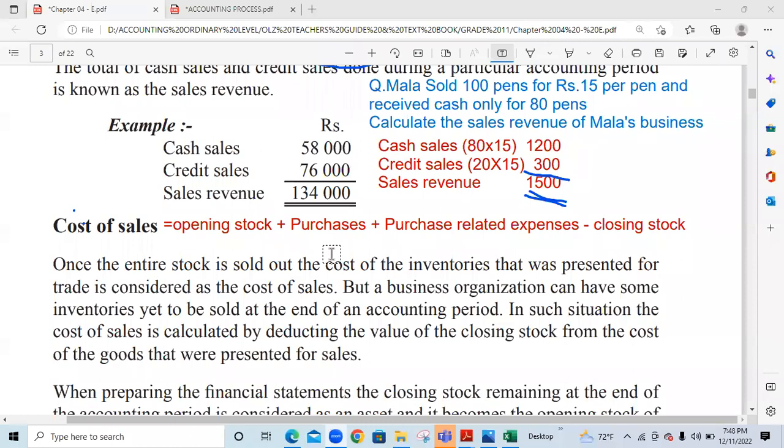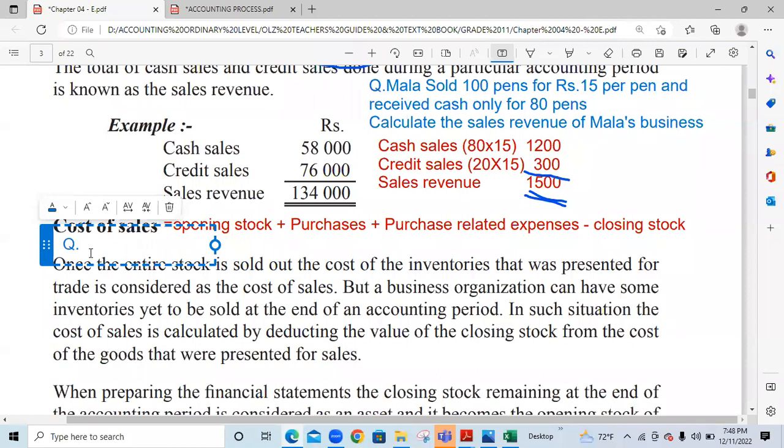Say Mala, wait, I better write it. I will explain one by one. No worries. I will explain what's opening stock, what's closing stock, everything I will explain. Don't worry.